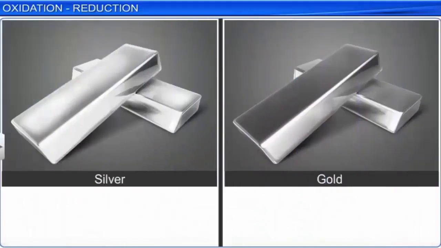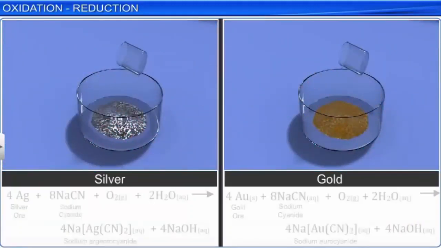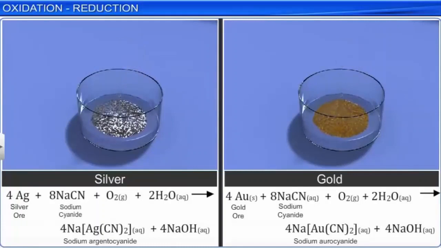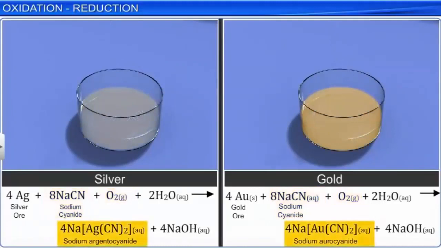You have already studied that gold and silver are extracted by leaching their ores by cyanide ions. During the leaching process, silver and gold are treated with sodium or potassium cyanide in the presence of air to form the respective soluble complexes.